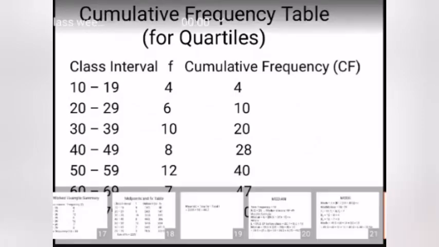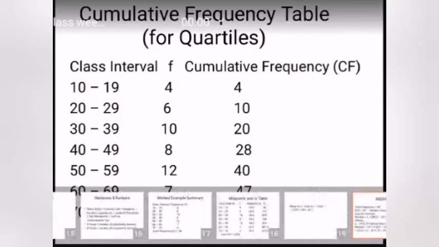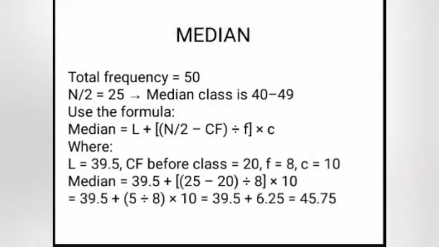So the next thing you would do now is to go to your median formula. Then you find the lower class boundary. That's L, the lower class boundary of the median class. I remember I said to find lower class boundary is the number in front minus 0.5. So when you do 40 minus 0.5, you have 39.5. Then we already found that n over 2 is 25.